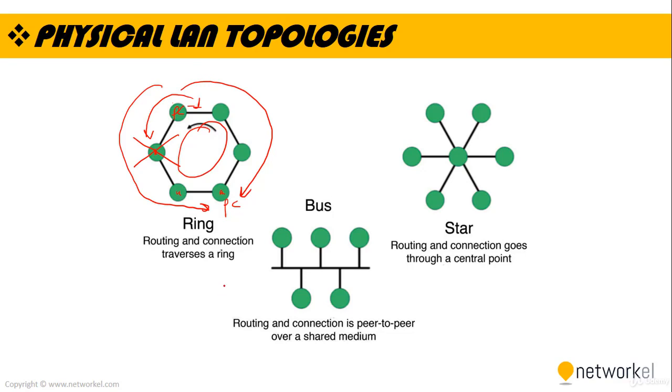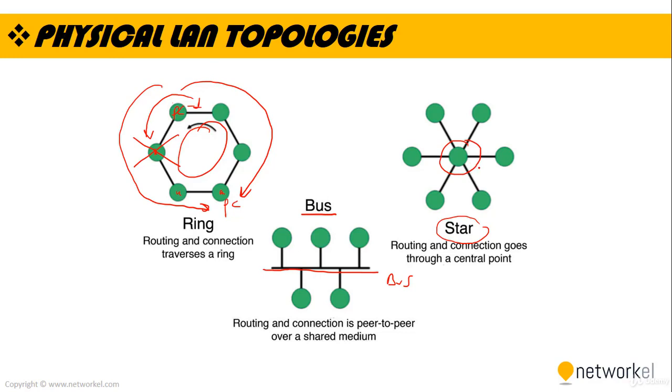on the ring topology. In the bus network topology, every workstation is connected to a main cable called the bus. Therefore, in effect, each workstation is directly connected to every other workstation in the network, as you can see. In the star topology, there's a central computer or server, this one, to which all the workstations are directly connected.